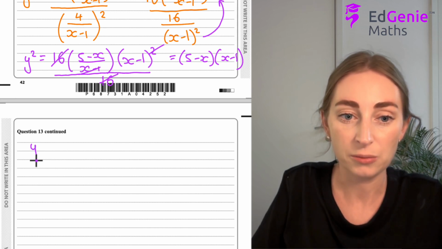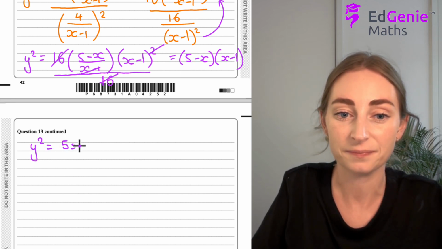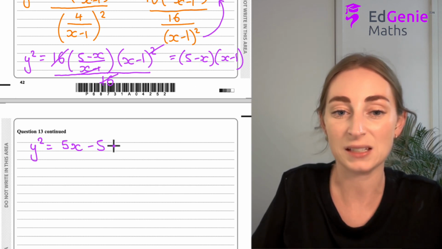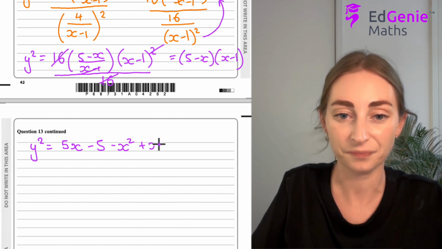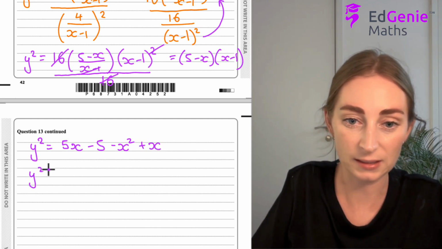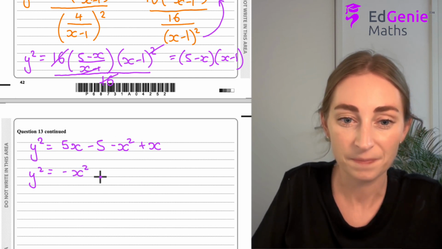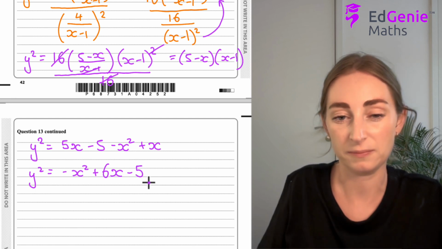We are going to multiply that out. 5 times x. 5 times negative 1. Minus x times x. Minus x times negative 1. Simplify this. We have got minus x squared, 6x minus 5.